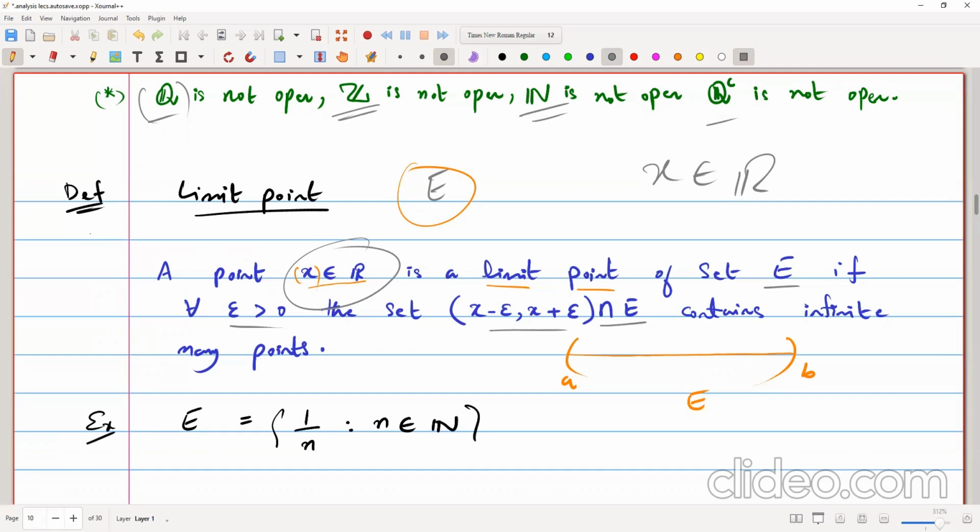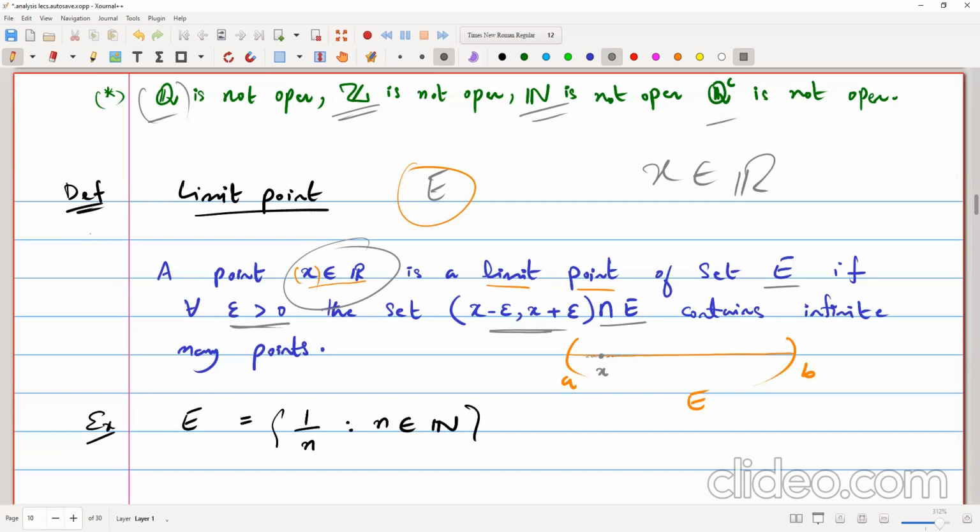That for each epsilon greater than 0, if I am talking about this point, let's say this is my x, my limit point, then the neighborhood of this x intersected with the set E will be infinite.